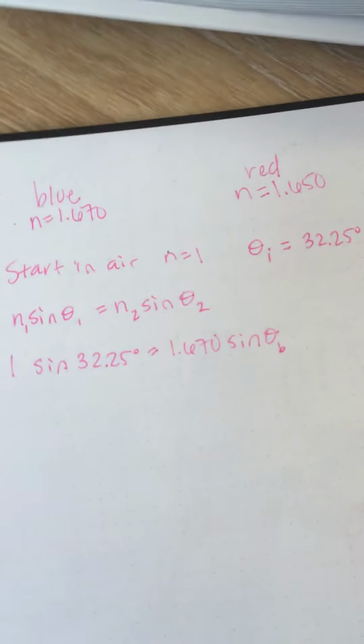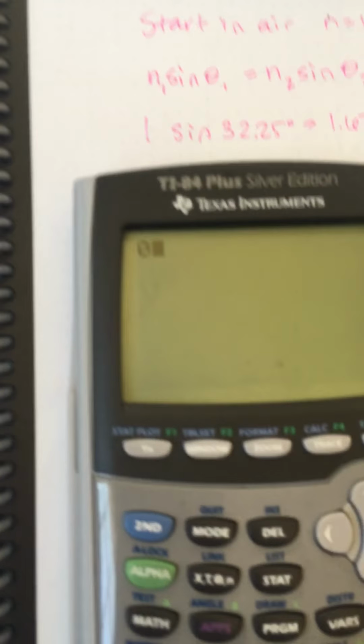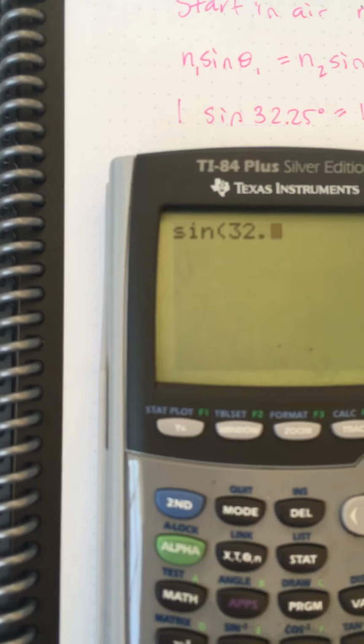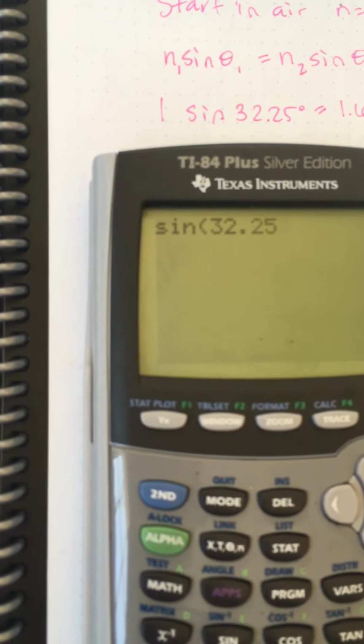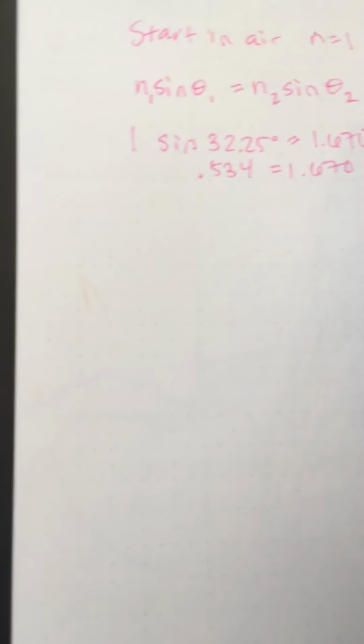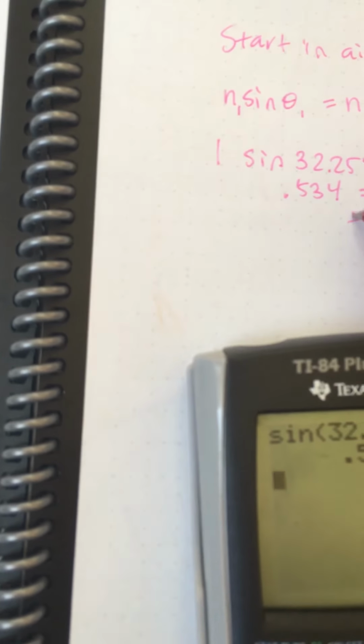So I know that 1 times anything is just itself. So when I go to get my calculator here, I'm just going to do the sine of 32.25 degrees. And I got 0.534. Now I'm going to divide over that 1.670.